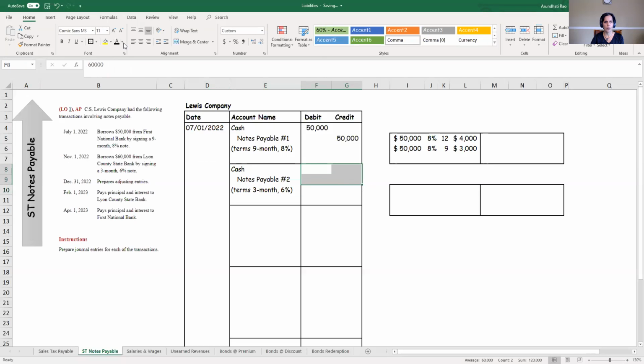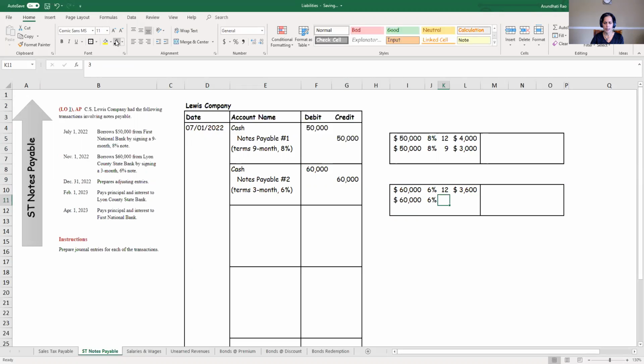The amount I borrowed is $60,000. Once again, the interest rate is 6%, but that's if I have it for a full 12 months. I would have paid $3,600, but I have it only for a 3-month period. So the 60,000, 6% for 3 months is going to be $900. That's for the full 3 months.